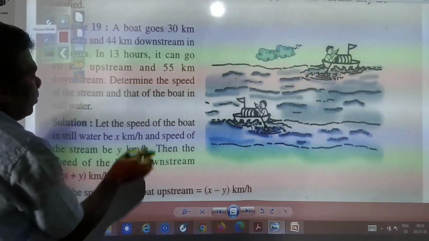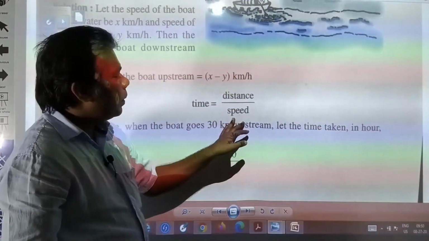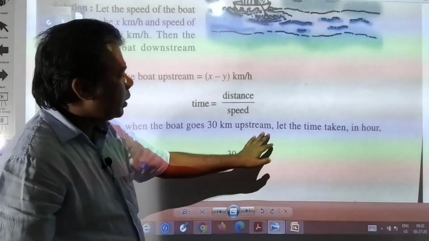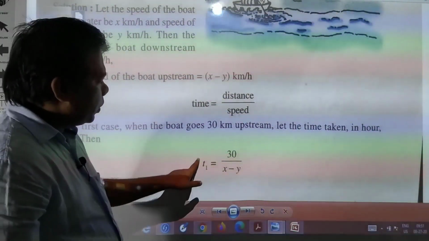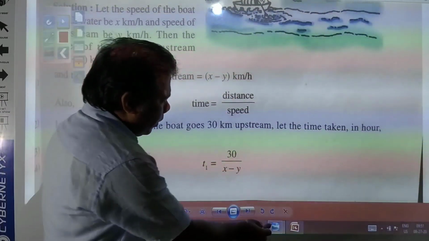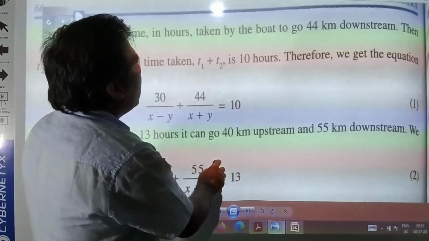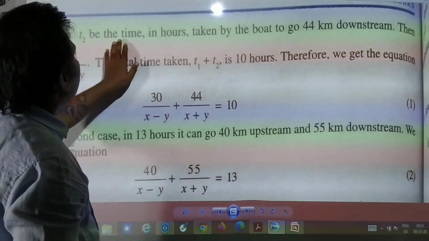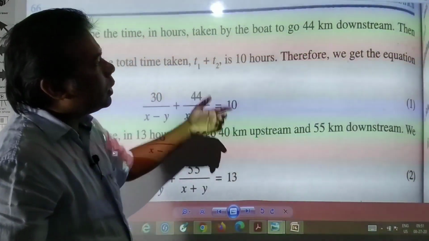Then you see, we know time is equal to distance by speed. So in the first case, when the boat goes 30 km upstream, let the time taken in hours be t1. The time taken t1 is equal to 30 by x minus y, and let t2 be the time in hours taken by the boat to go 44 km downstream.